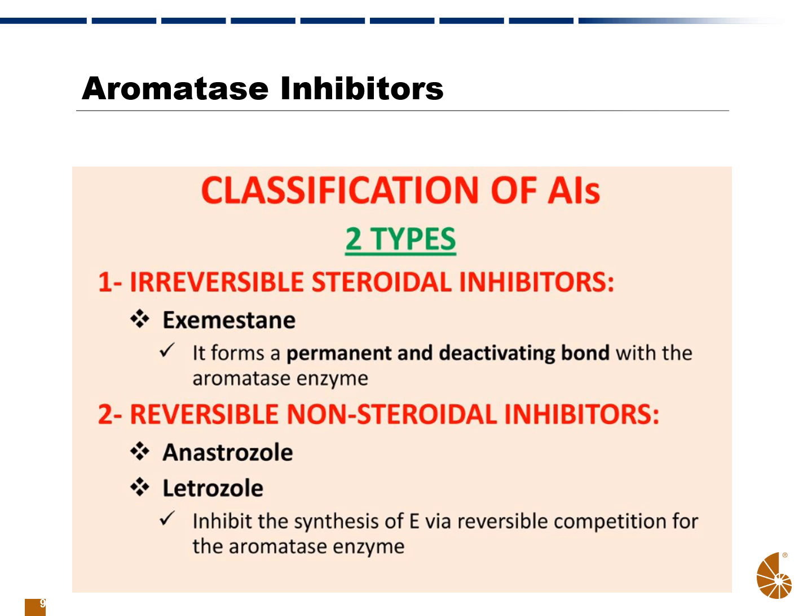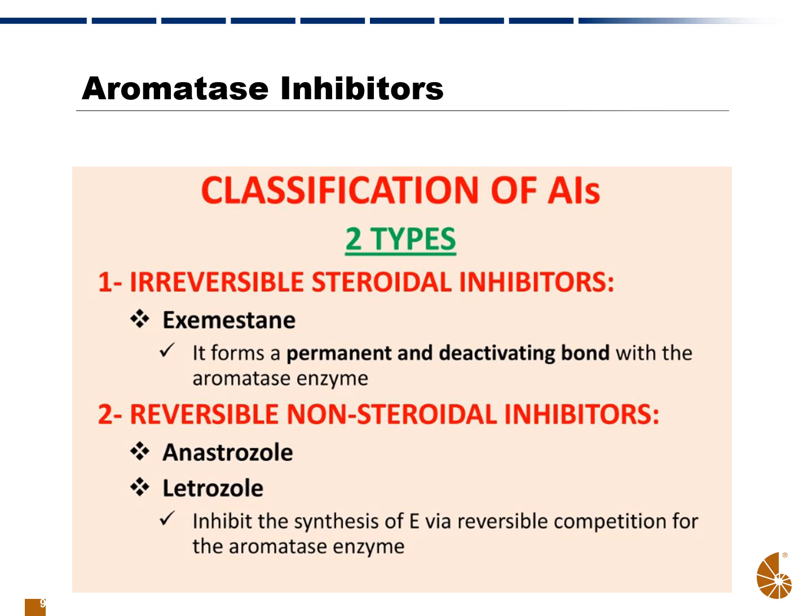Aromatase inhibitors are of 2 types: the irreversible steroidal inhibitors. The first is exemestane. It forms a permanent and deactivating bond with the aromatase enzyme. So it irreversibly blocks the steroid.